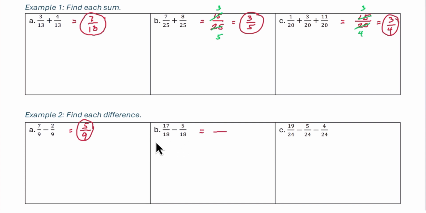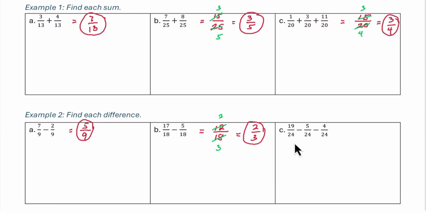The numerator, 17 minus 5 is 12. We keep the 18. And we can actually reduce this fraction. 12 and 18 have a common GCF of 6. So we'll divide 12 by 6 to get 2, divide 18 by 6 to get 3, and when we reduce, we get 2/3.